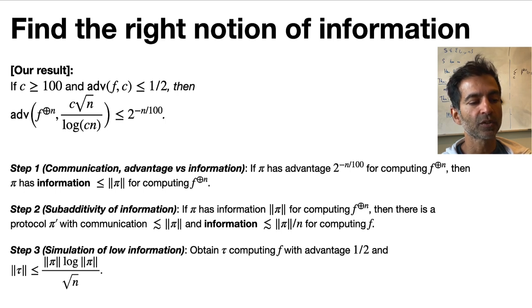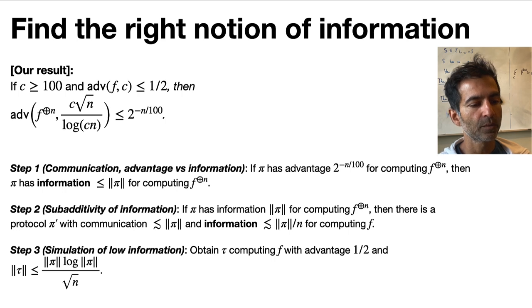In the first step, we show that starting from the protocol that has exponentially small advantage for computing the n-fold XOR, we obtain that the protocol has information, under some notion of information, which is bounded in terms of the communication complexity of the protocol. That's step 1.